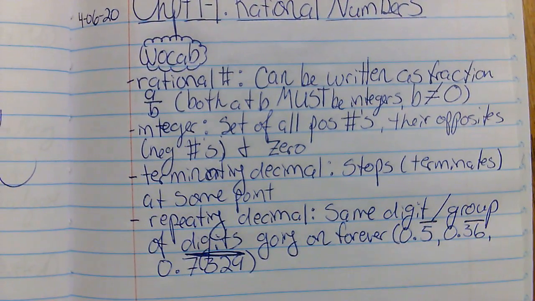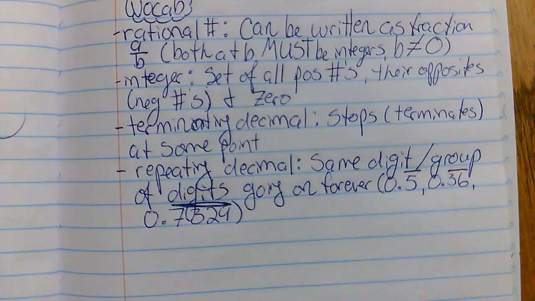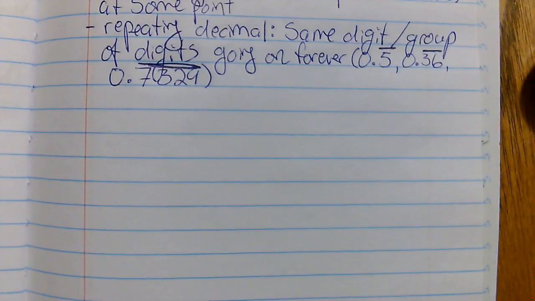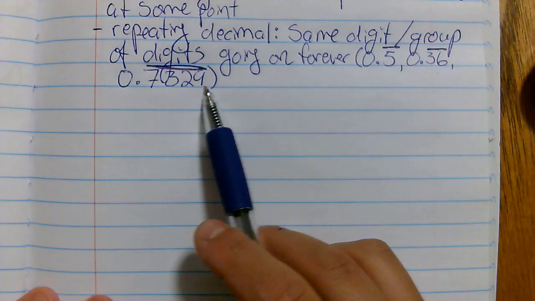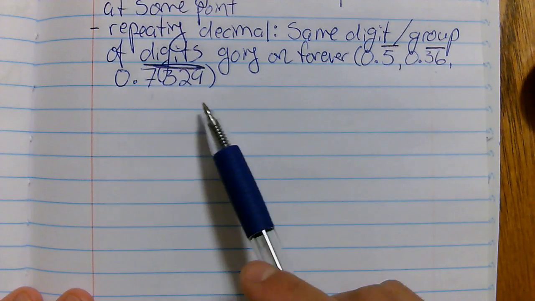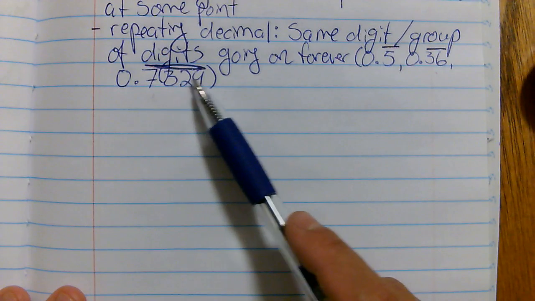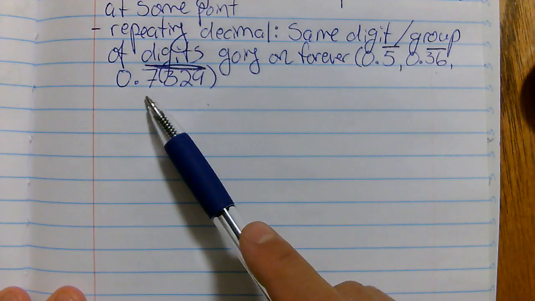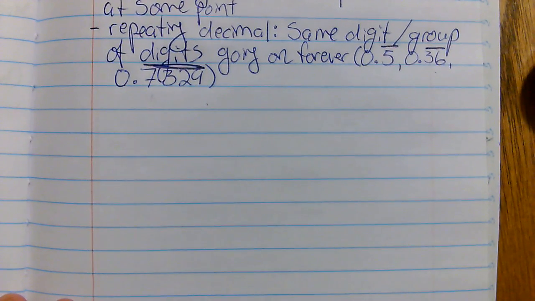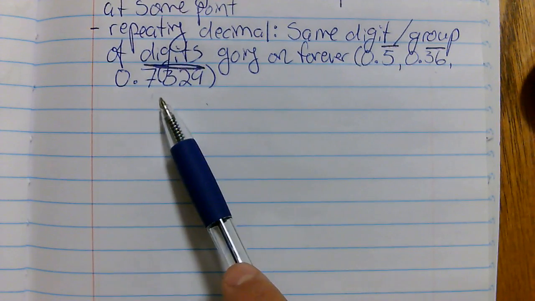It's a bad repeating bar, I apologize for that. But you get the idea. It can be one digit, it can be two digits, it can be a whole bunch of them, but it's got to be the same pattern. So this would be 0.7329, 7329, 7329 forever. And it will always follow this same pattern.